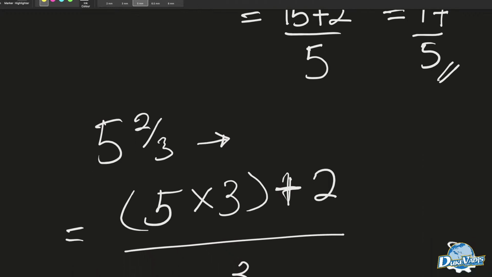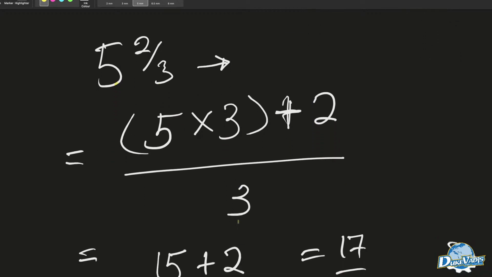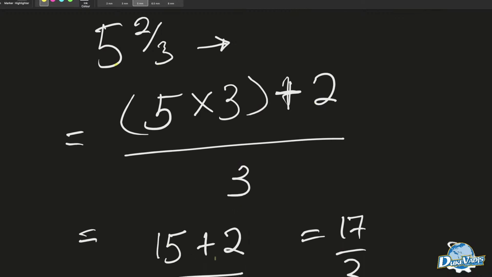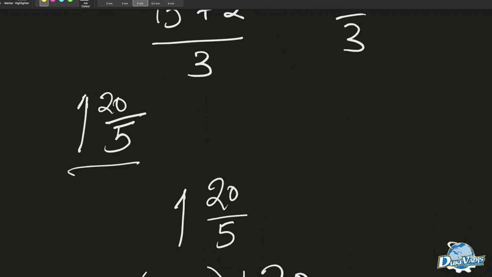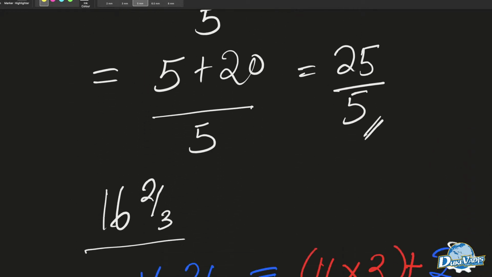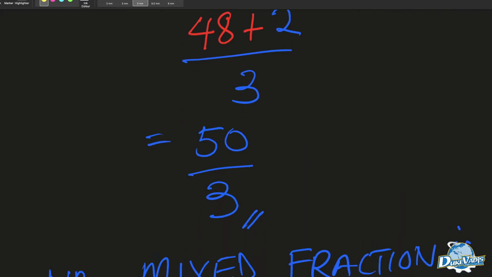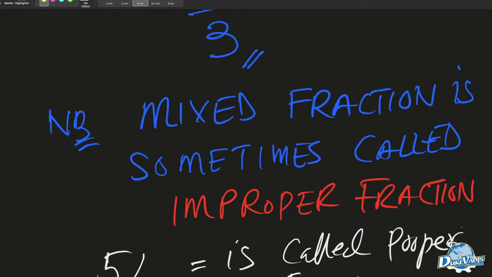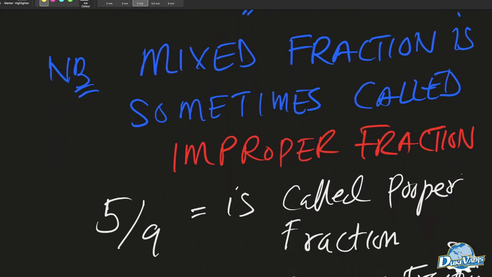In the same vein, when we had 5 whole number 2 over 3, we say 5 times 3, wrote it here in a bracket, plus the 2. So we know 5 times 3 is 15, plus 2 over 3. And that will be 17 over 3. Okay? And on and on. So I will ask you to practice if you really want to have a solid grip of what we have discussed today.